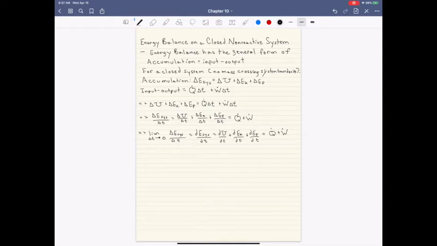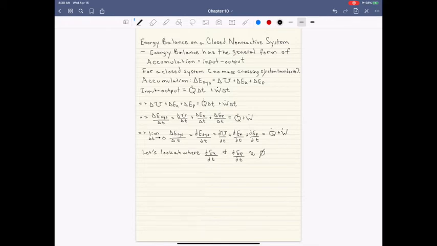We're now going to simplify this equation even further by looking at the case where the changes in the kinetic energy and the potential energy are negligible. So mathematically, we could say that our d kinetic energy/dt and our d potential energy/dt, those are basically zero.